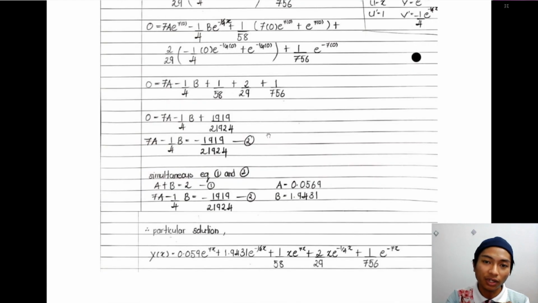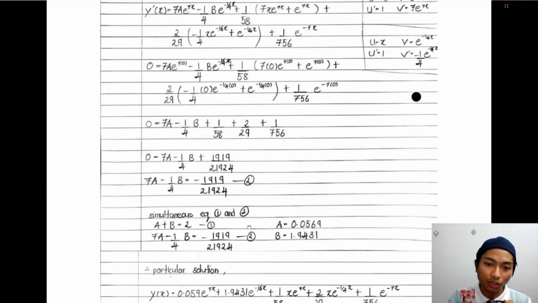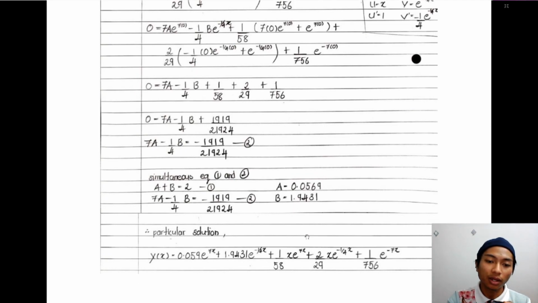By taking the first equation and the second equation, we can use simultaneous equations to get the values for a and b, which are a equal to 0.0569 and b equal to 1.9431.